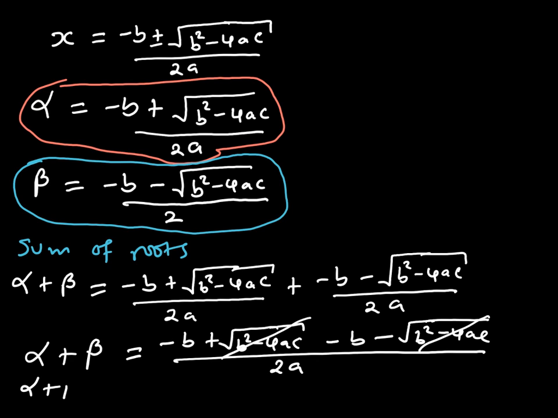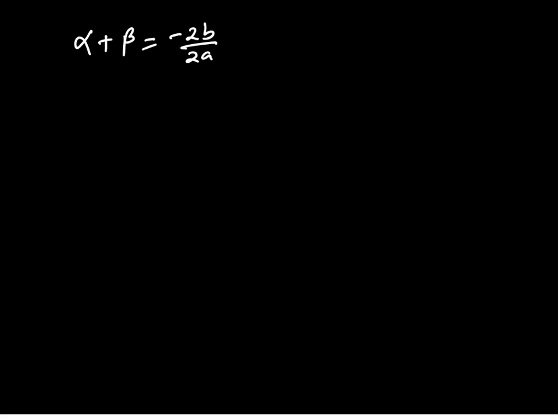Alpha plus beta is giving us minus 2b over 2a. Just simplify, a 2 cancels out and you end up with sum of roots, alpha plus beta, equal to minus b over a.